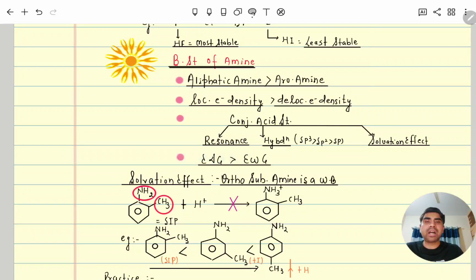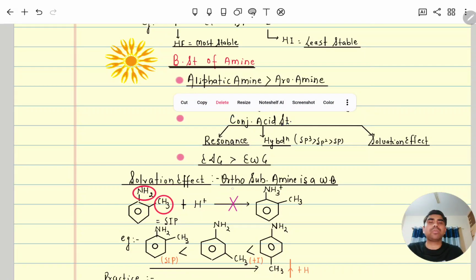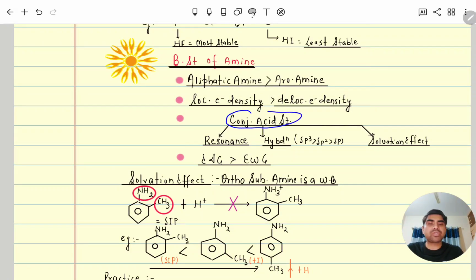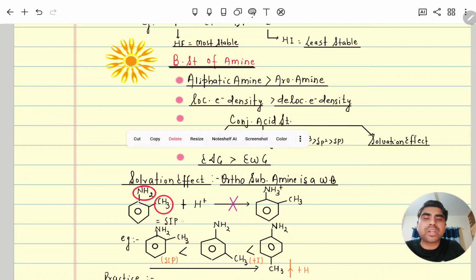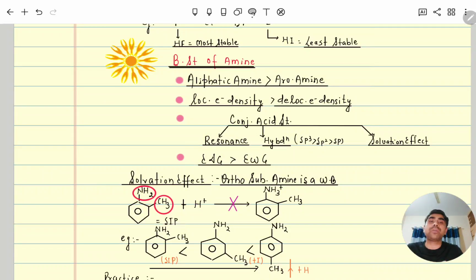And last, electron donating group: if it is there in the amine system, means they are giving more electron density to the amine system, means more basic strength. And then after that, electron withdrawing group.